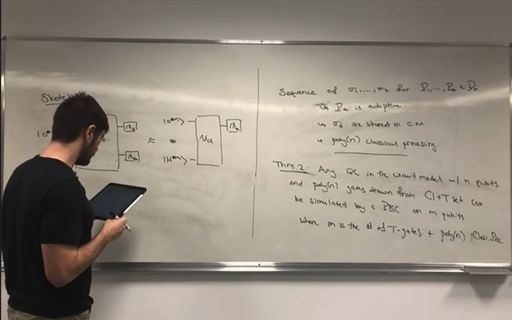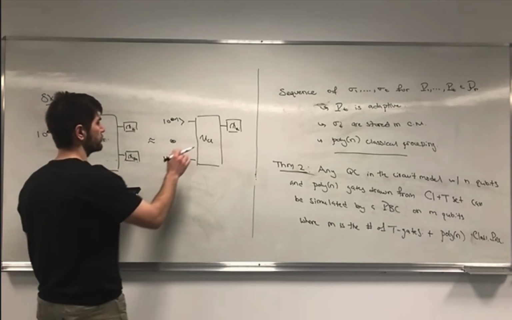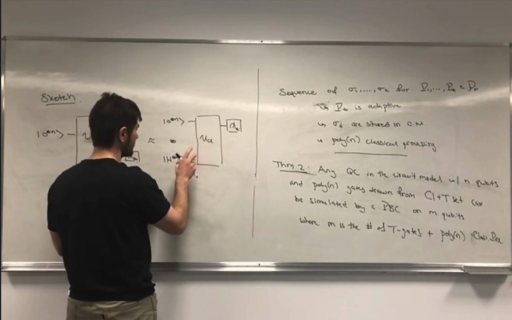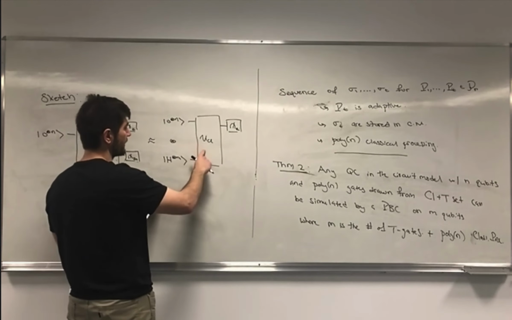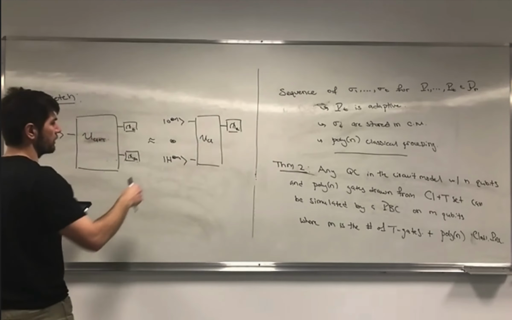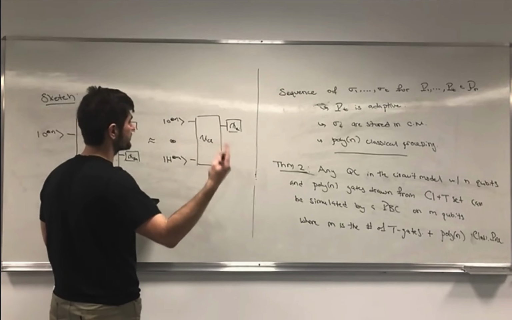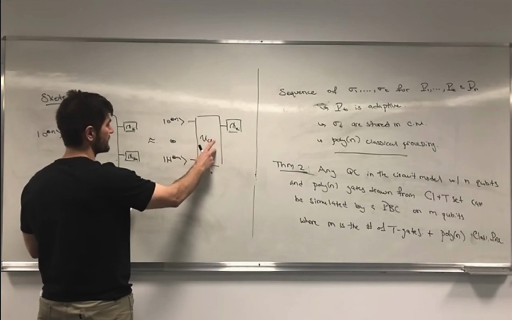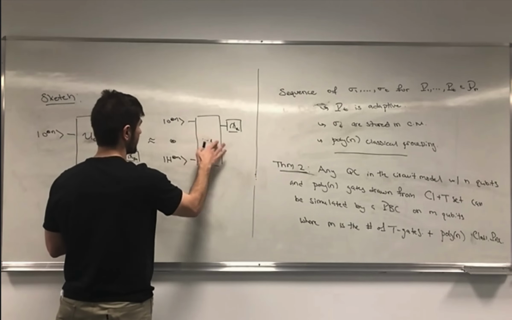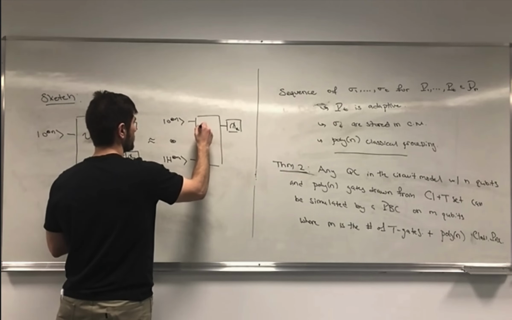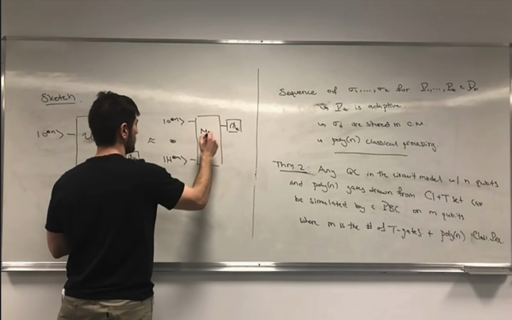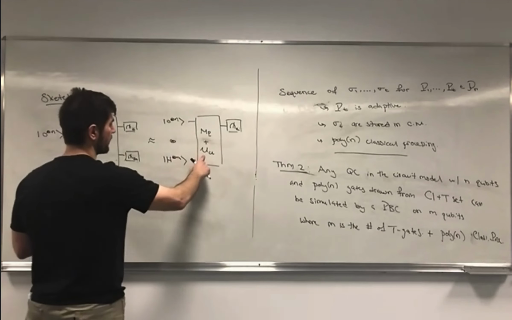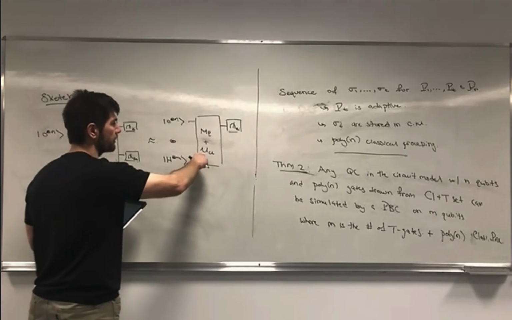What I can do is I can actually look at all of these measurements that are done in this circuit, and I can commute all the Cliffords through, which just changes which measurements. But there are some Pauli measurements inside of this circuit as well, so maybe I should say that. So these are Pauli measurements plus Clifford. So I will commute all of the Clifford unitaries through.